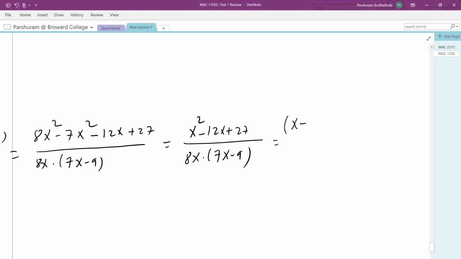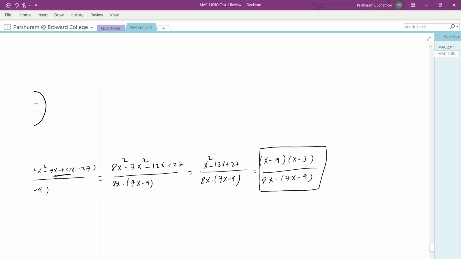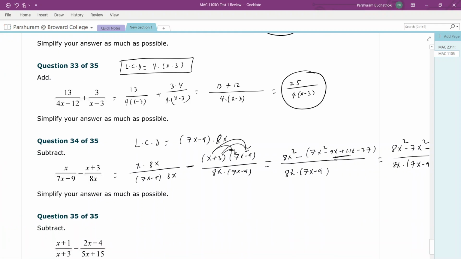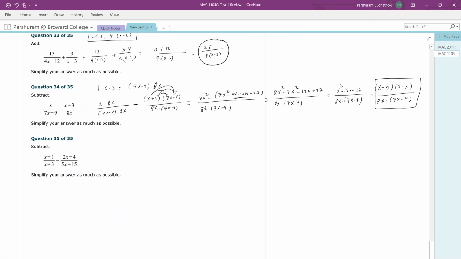So the factors on the top are x minus 9 and x minus 3. But there is no common factor on the top and bottom, so we just have to leave it as it is. Okay, simplify your answer as much as possible. That's what we try to do here.